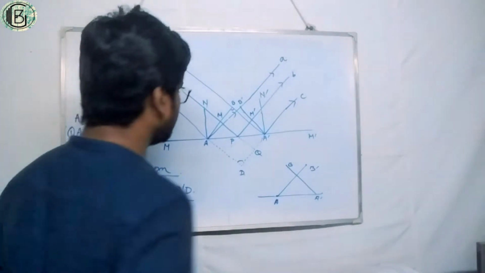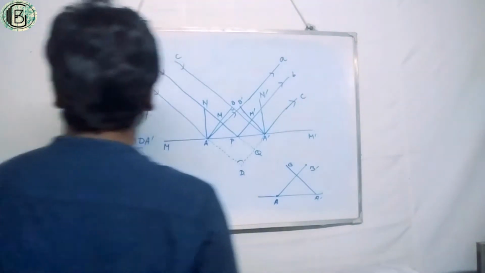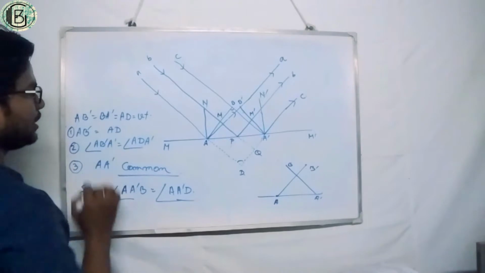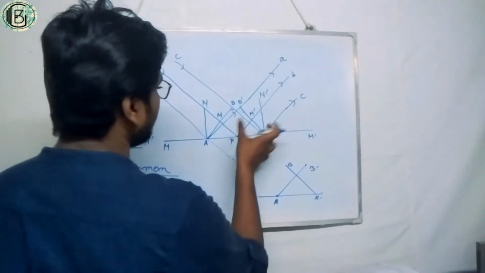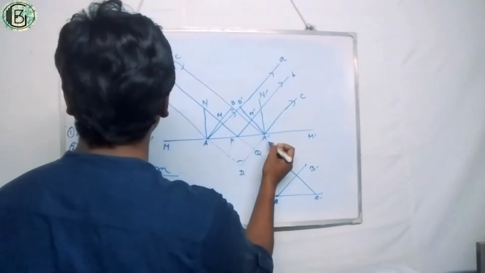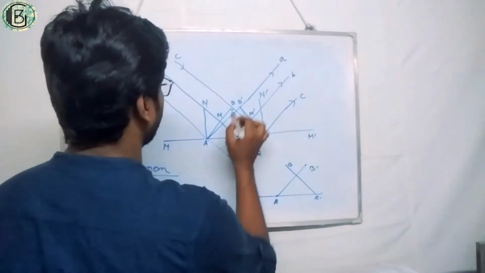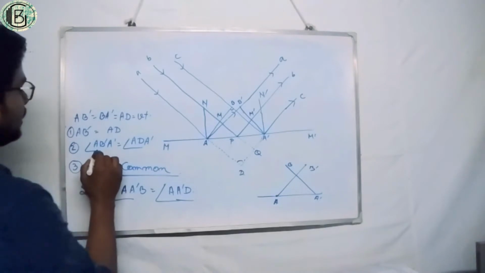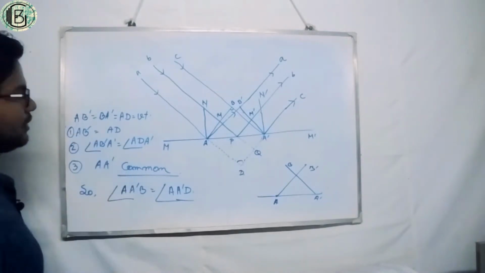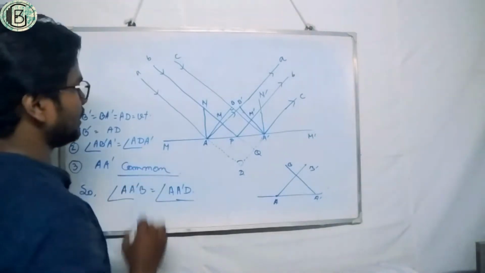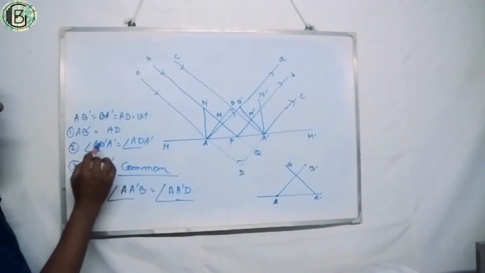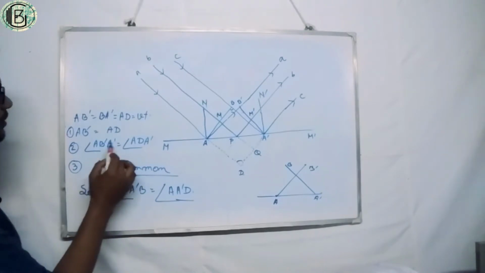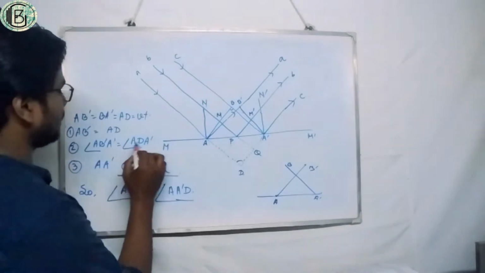Now here obviously we can take AB prime equal to AD. And obviously angle AB prime A prime equal to angle ADA prime. Now why is AB prime A prime equal to ADA prime?